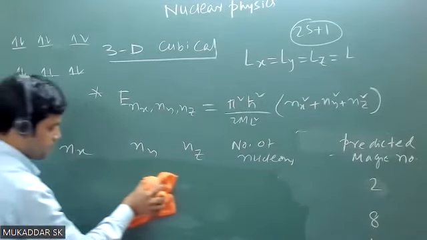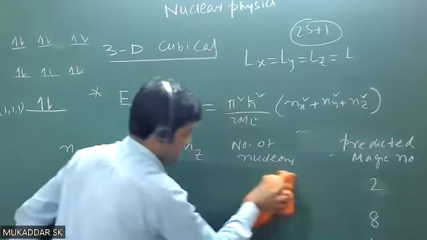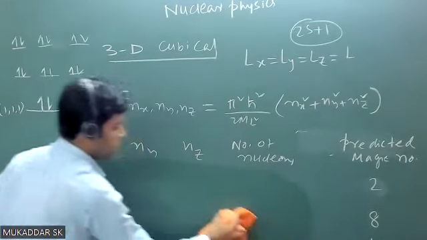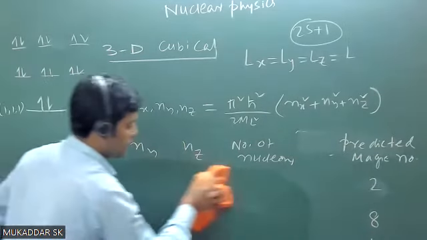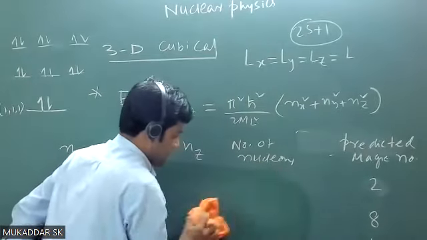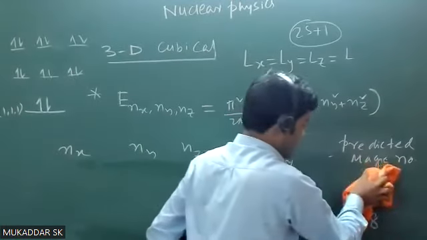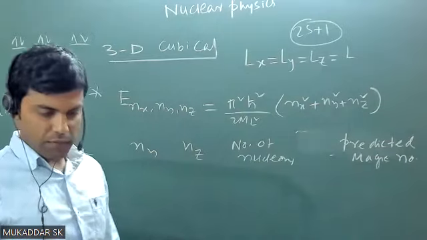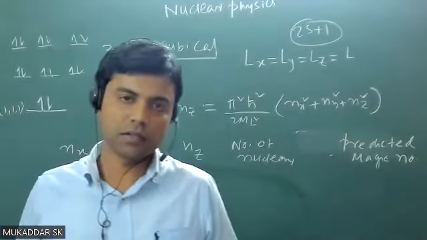Like L0, L1, L2, the P shell L. No, here there is no concept of shells. Okay. Sir, you were not told that it is a centralized potential. No, sir. It does not mention a centralized potential, so that solution will not be like that. Okay, sir. You have assumed a centralized potential, but here you are simply told it is a three dimensional cubical box.